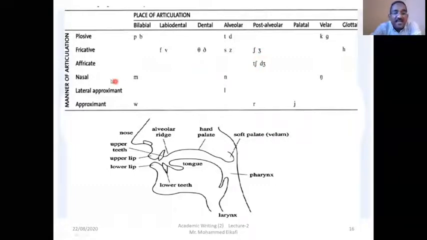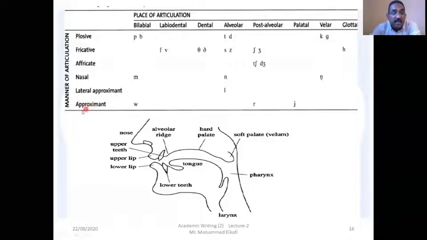Okay. The nasal, as a manner of articulation, we have ma, na, and ng. We have three consonants here described as nasal consonants. The lateral approximant is la, only la.